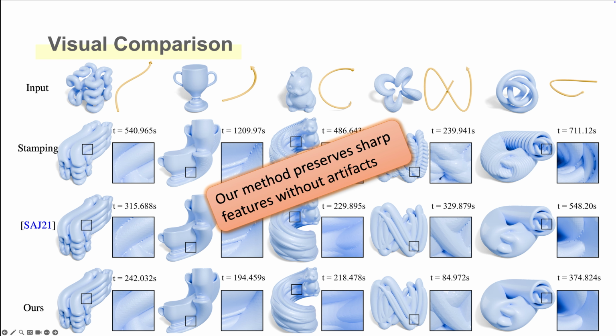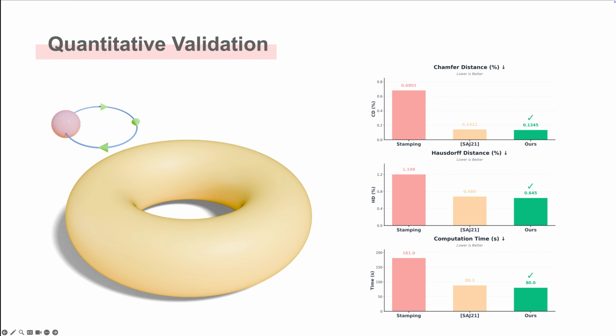For quantitative validation, we used a case with a known analytical solution, a sphere moving along a circular trajectory. We measured 3 metrics against the ground truth. The results show our method outperforms both baselines: lower chamfer distance, lower Hausdorff distance, and faster computation time.